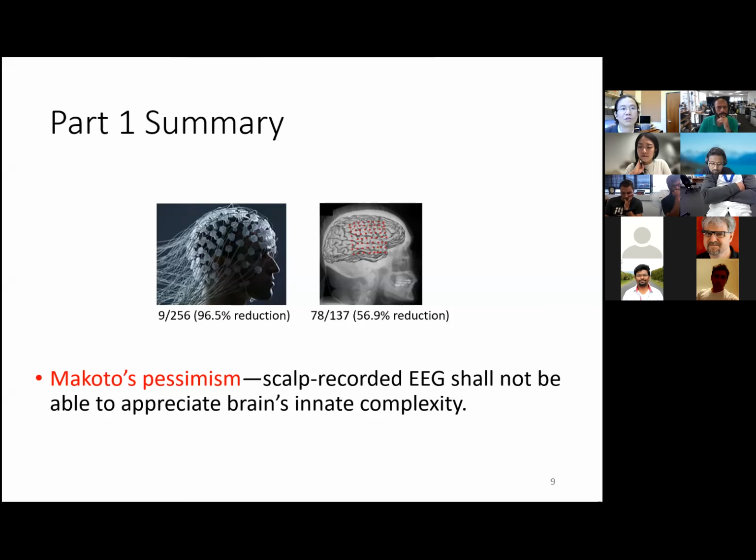That seems the only good solution. And I still think so, basically. Although, I will show you in the next slide, I may have found a better solution now. But basically, Makoto's pessimism here means scalp recorded data does not carry that much information in terms of the variance, at least. Okay.